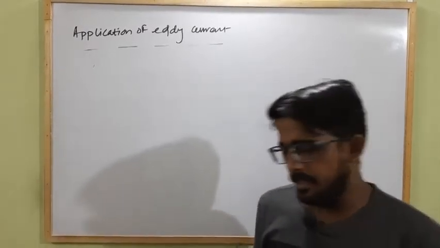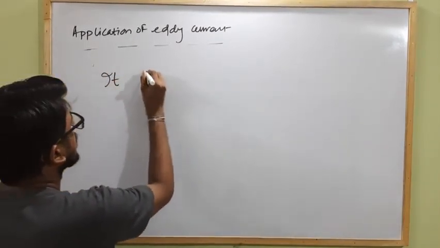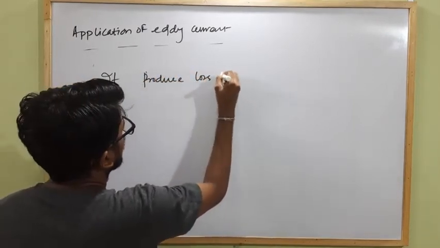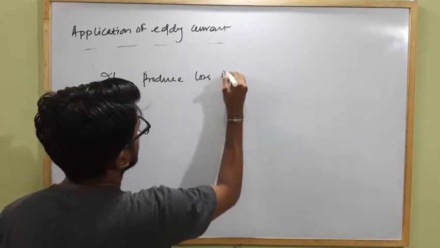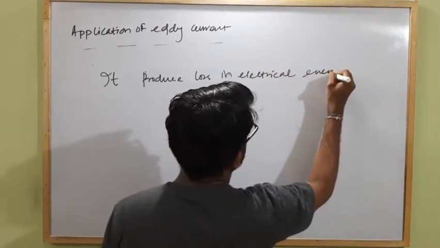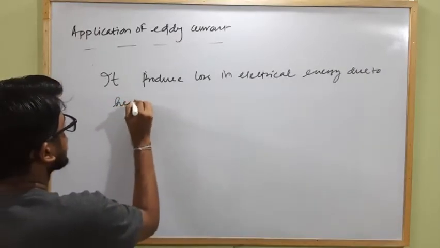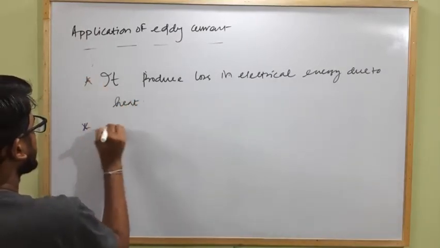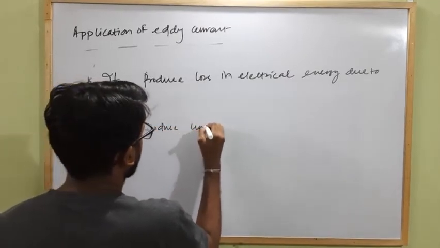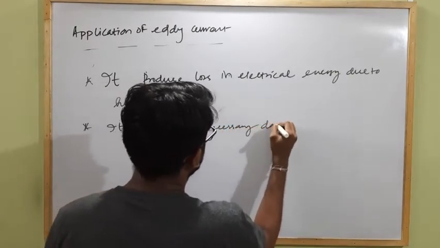Okay, eddy current. What are the disadvantages? It produces loss in electrical energy due to heat. Again, it produces unnecessary damping effect.